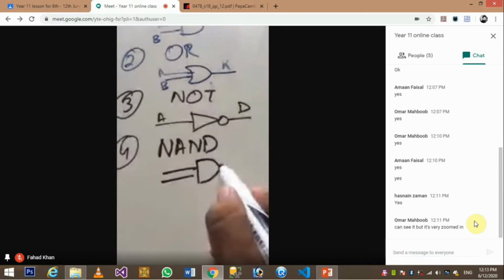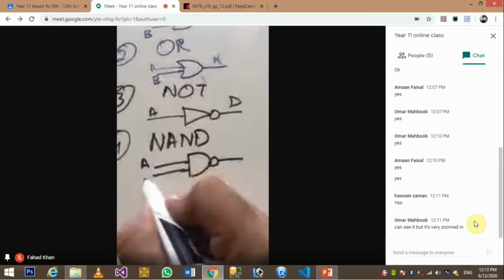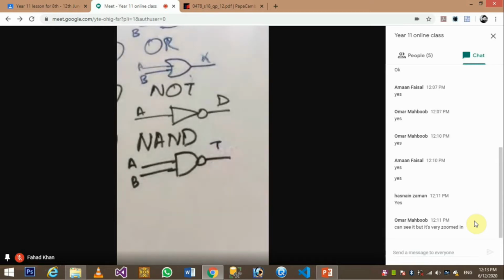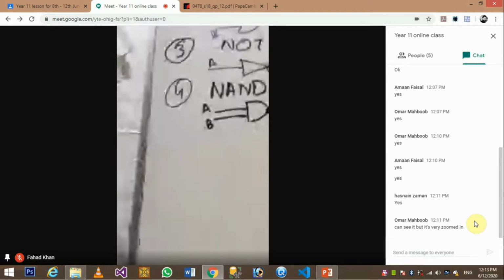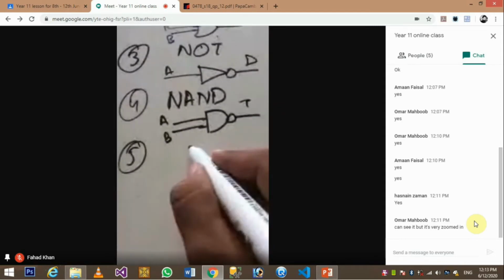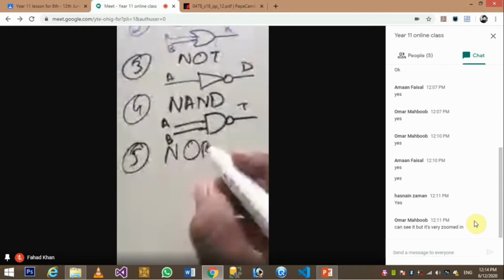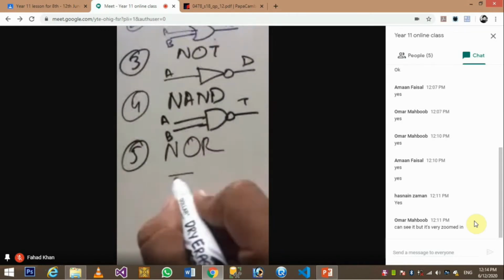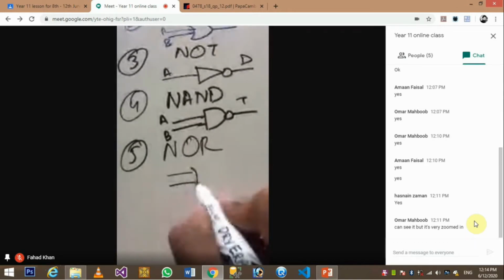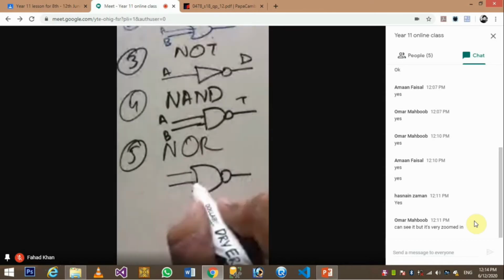We have a slight knot over here, and we have two inputs and one output, T. The fifth one is NOR, and the representation of NOR is this.